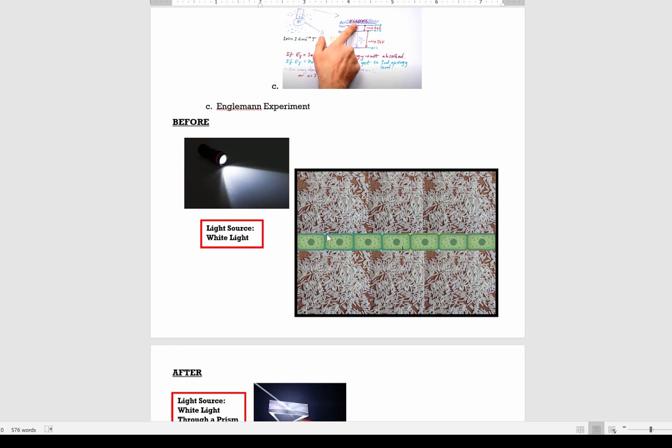So what he did was he took some algae and put the algae on a microscope slide, and then he put the bacteria on the slide as well.